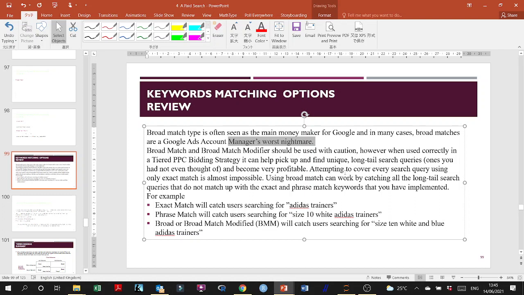So what you do is you take these keywords. How do you take these keywords? You add these keywords as negative keywords. Remember in the keyword match types, we have a negative keyword. So add these as negative keywords, meaning don't trigger these keywords anymore under the broad match ad group, and create a new ad group that is an exact match ad group.